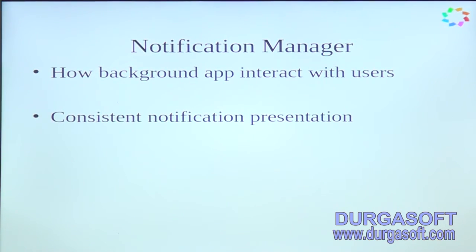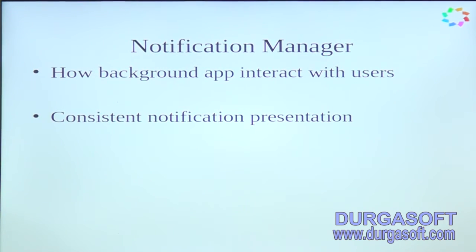Consistent notification presentation. When we use some particular apps, for example, when you want your phone's volume buttons to act as power buttons, you need some customized application in your phone which runs in the background every time to check whether any volume button is pressed, or something touched to lock your screen.